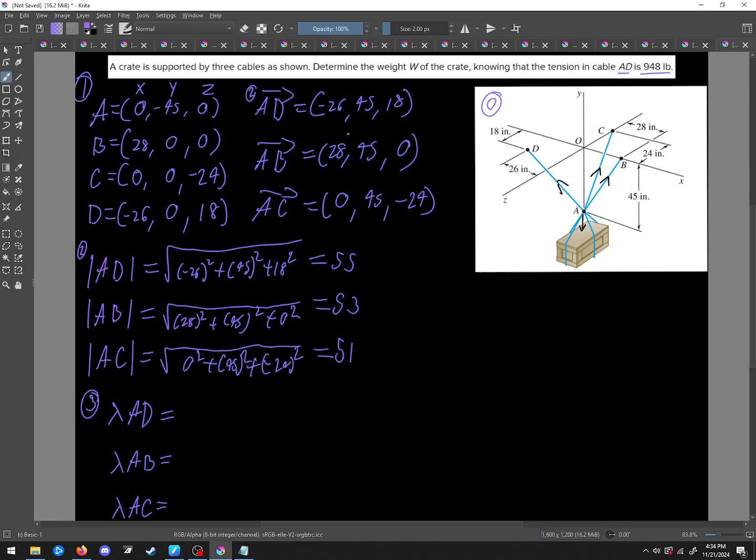Right here, this vector divided by the magnitude. So here, we will have an I hat, a J hat, and a K hat for all of these.